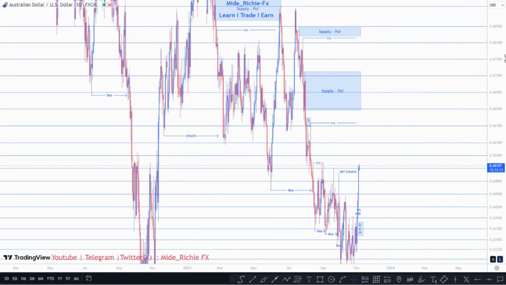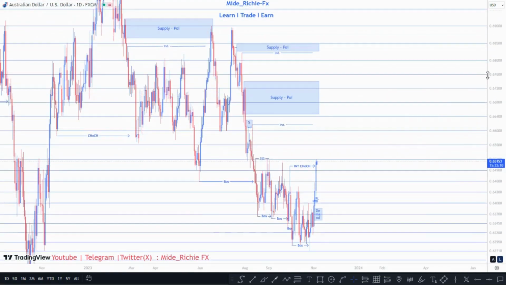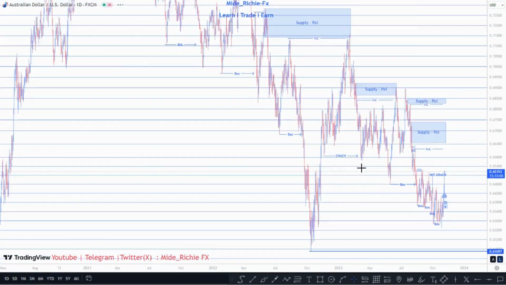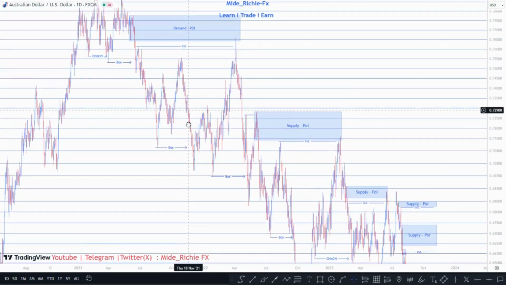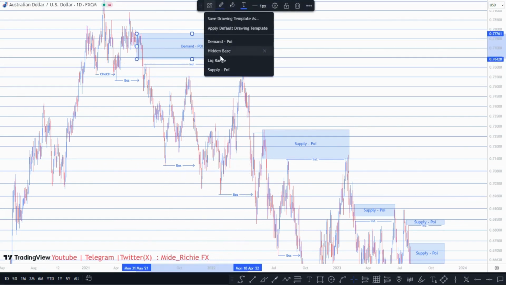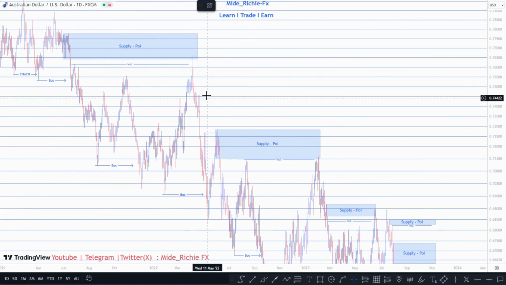All right. Here's AUDUSD from the daily time frame. You guys can see that we actually had a very nice structure for a while. We have been bearish. You can see we had the break of structure right here, indication of a supply zone. Sorry, this was a mistake. That was actually a supply, indication of a supply zone.